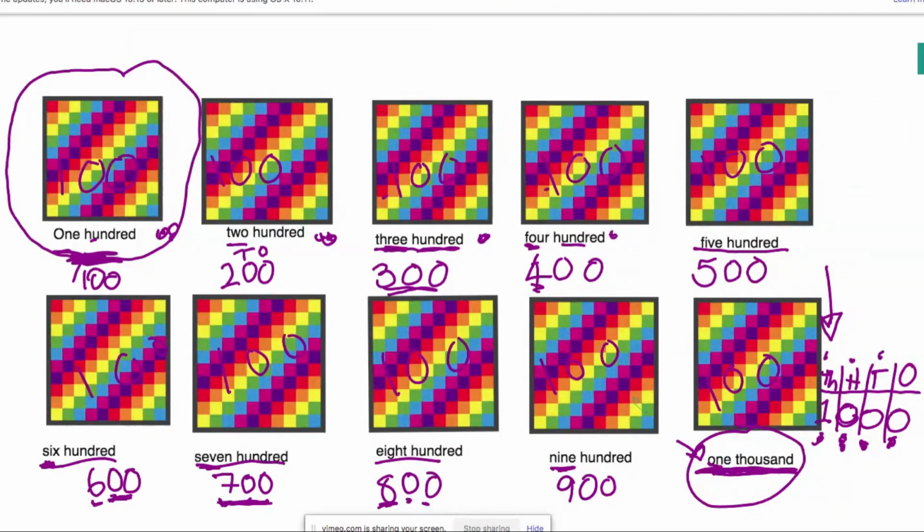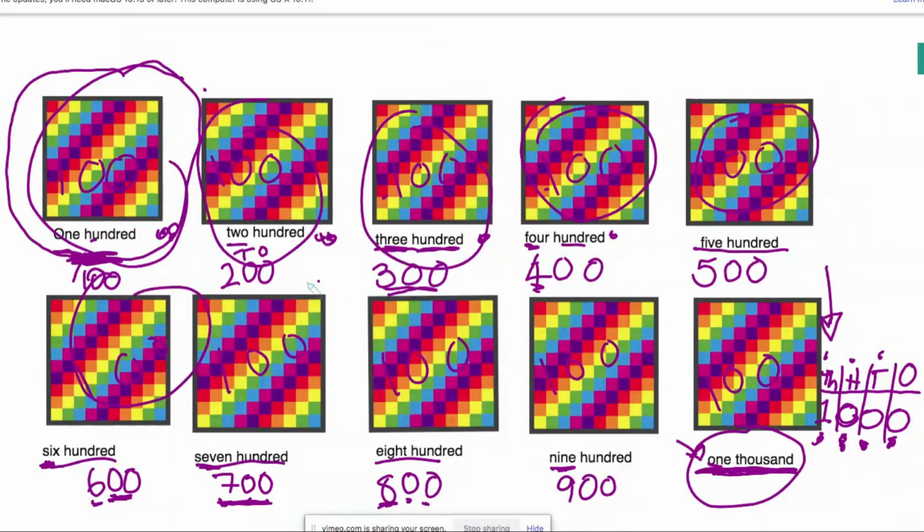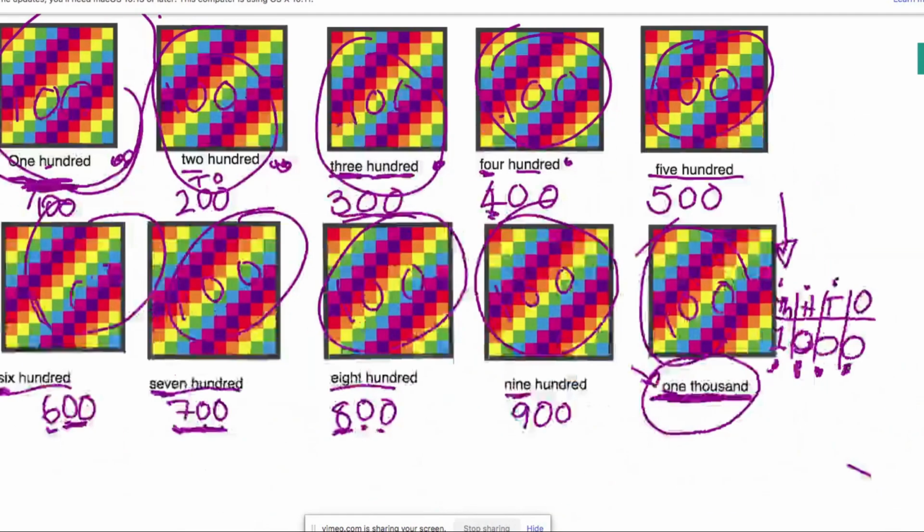We can count our squares. How many hundreds do we have? We have 100, 200, 300, 400, 500, 600, 700, 800, 900, 1000.